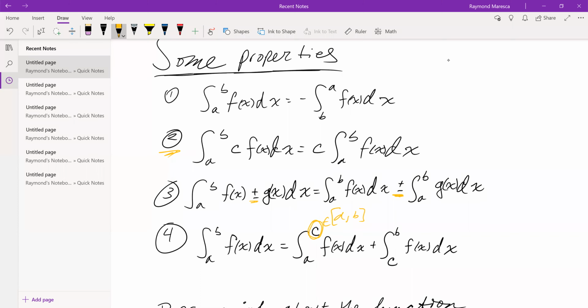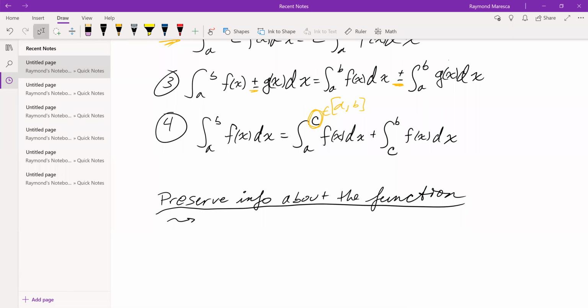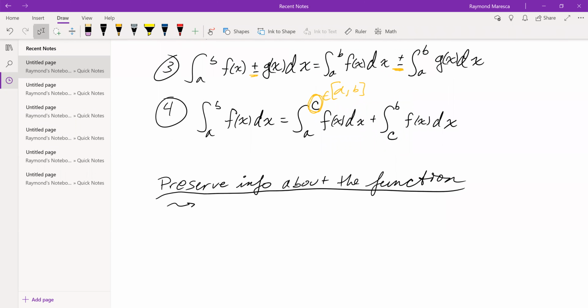This is very useful because if we know the value of an integral, then we can use that to compute the value of other integrals using these algebraic properties. Something else is that definite integrals preserve information about the function. So let's say f is greater than or equal to 0 on [a, b].